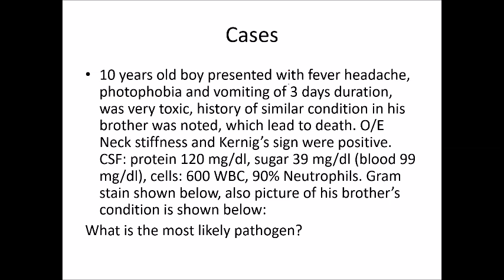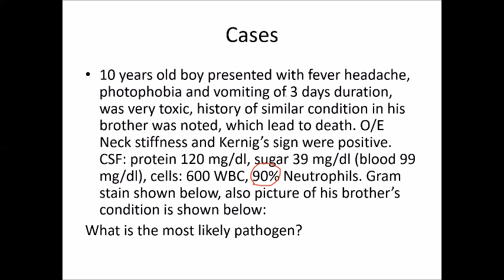So this is our case. He had fever, headache, photophobia, and vomiting of 3 days duration, and was very toxic. His brother had a similar condition, which led to his death, and the same rash happened in his brother also. He had positive signs of meningeal irritation, neck stiffness and Kernig sign. He also had a CSF suggestive of bacterial meningitis because it's high in neutrophils, 90% neutrophils.